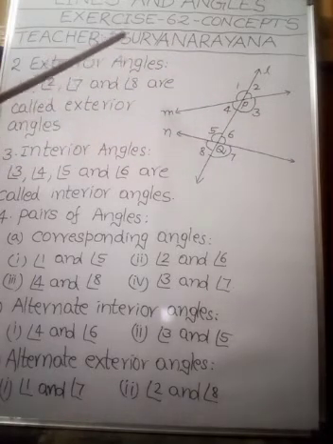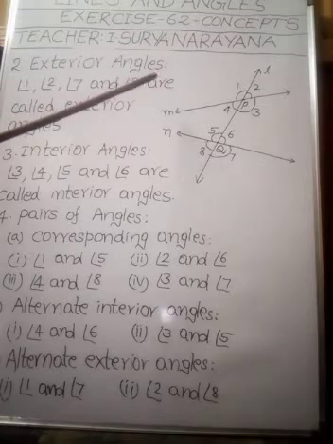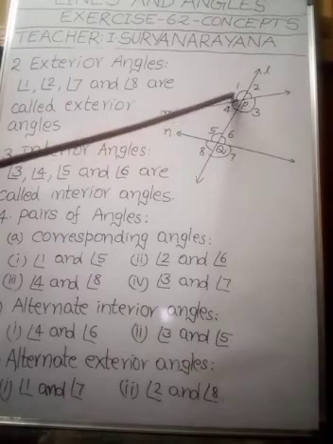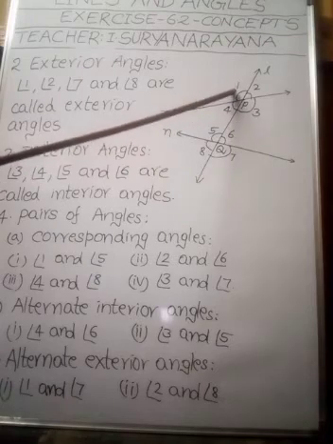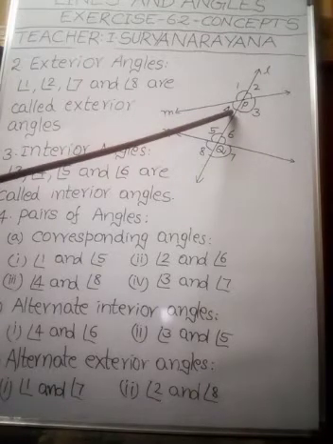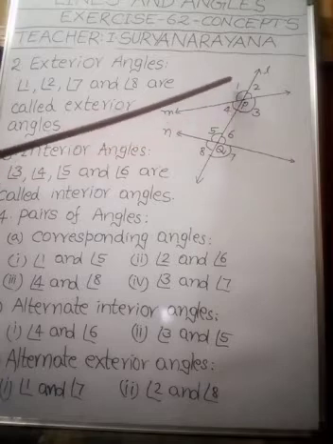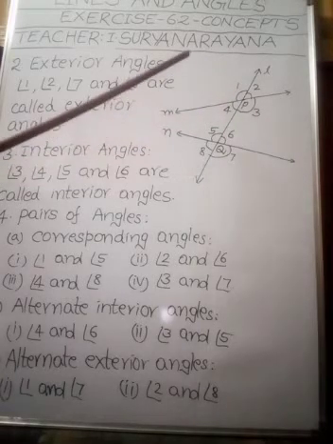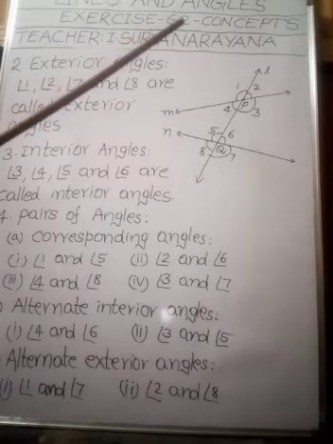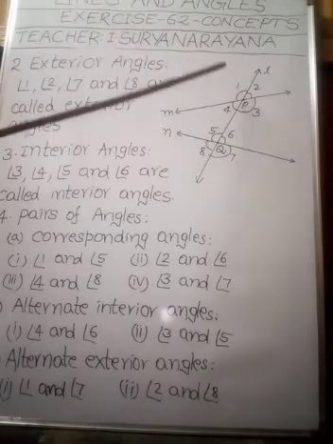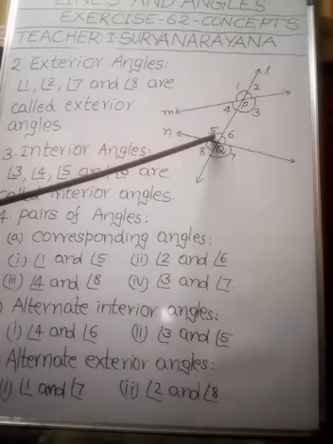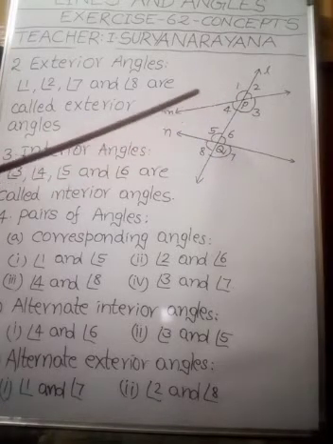But they should not be adjacent angles. See here, 1 and 4 also, one is exterior, one is interior, but they should not be adjacent angles. Corresponding angles means the angles are on the same side, one is an exterior angle and the other is an interior angle, but they should not be adjacent.